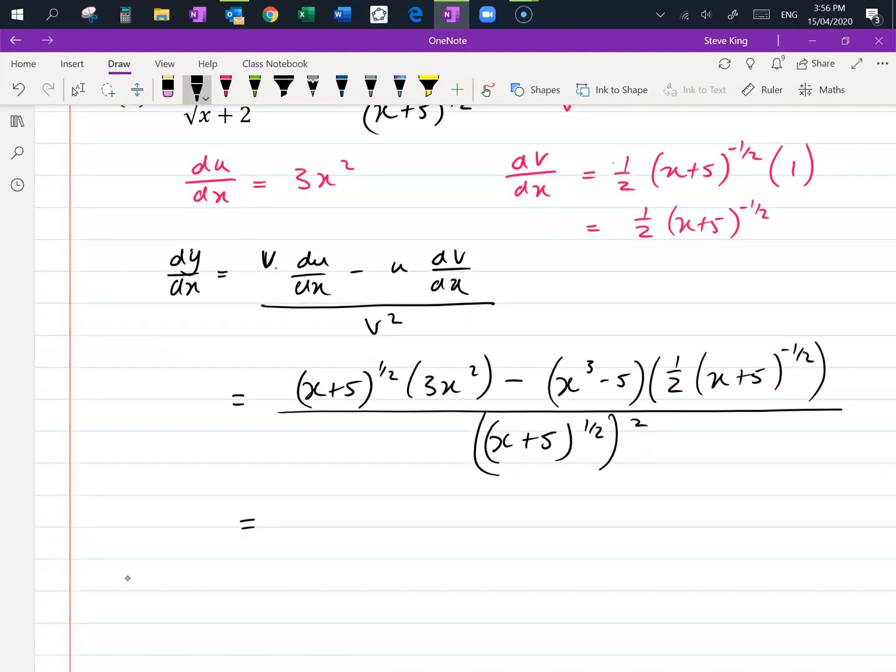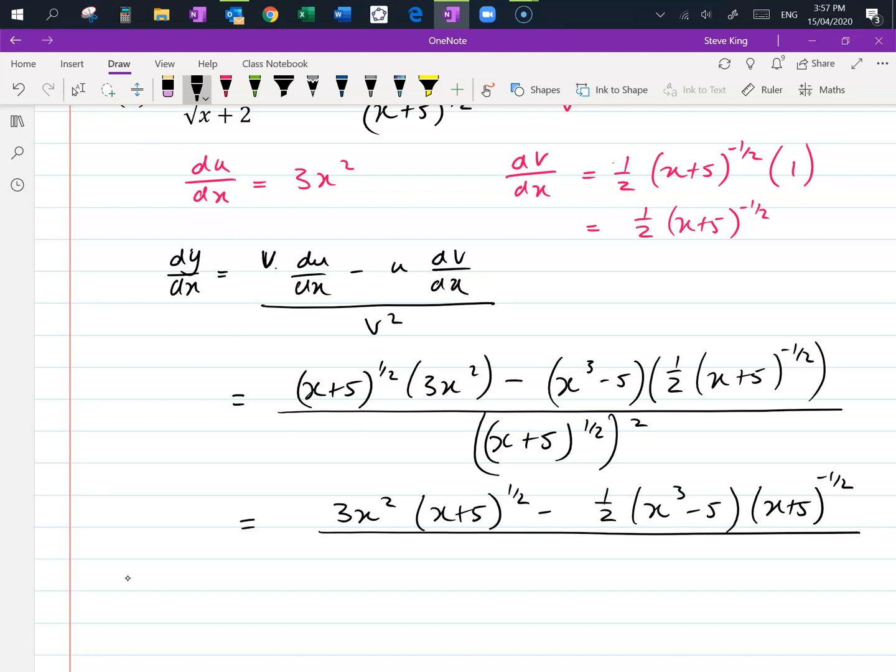So, tidying up here, what have we got? I've got 3x squared times x plus 5 to the half minus a half, not 3x squared, it's going to be x cubed, minus 5 times x plus 5 to the minus a half, and all of that is going to be over x plus 5 to the half squared.